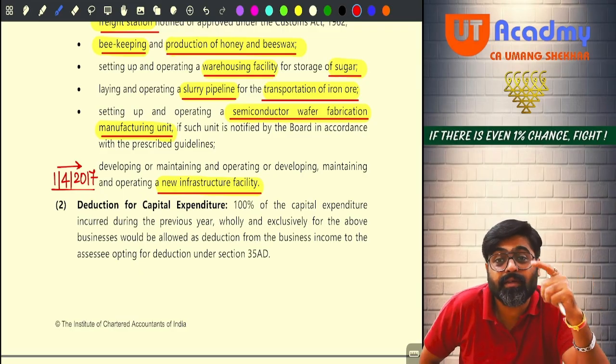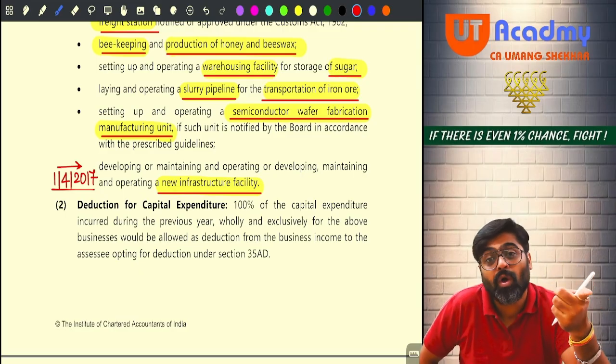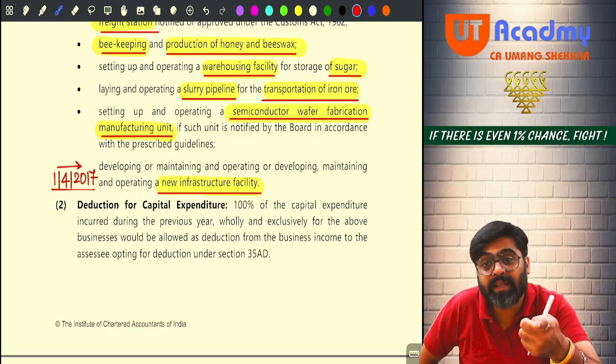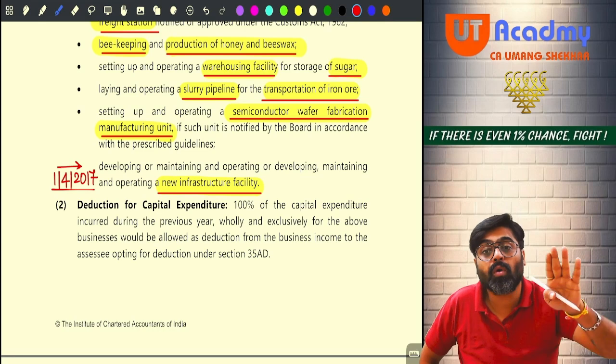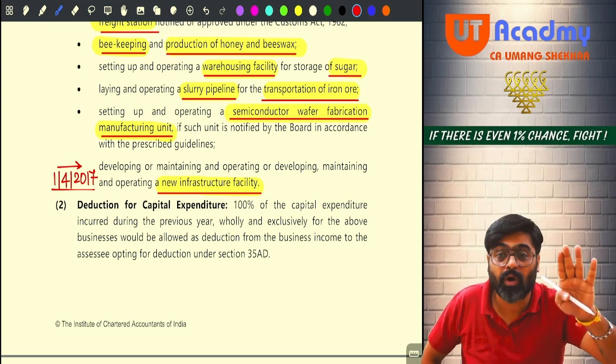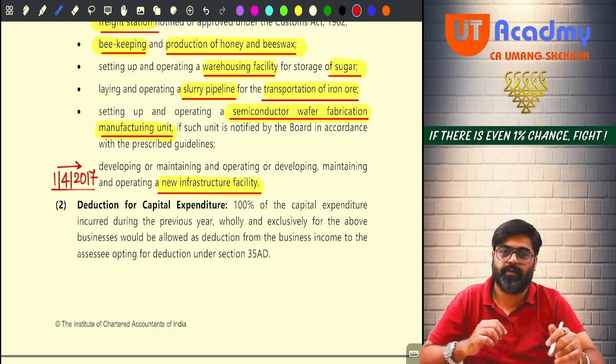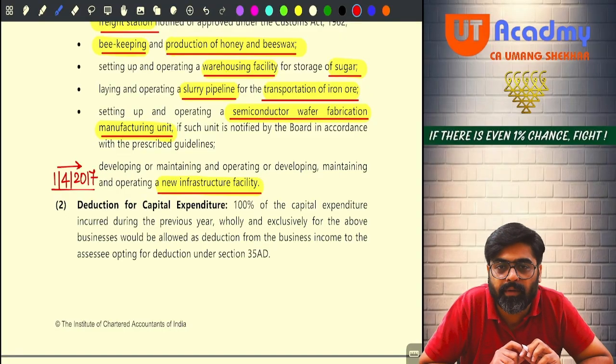The 35AD benefit will be available only if their operations commence on or after the specified dates. Getting my point? But these dates are not written here.